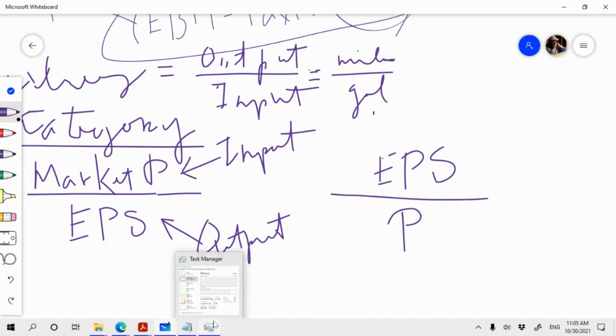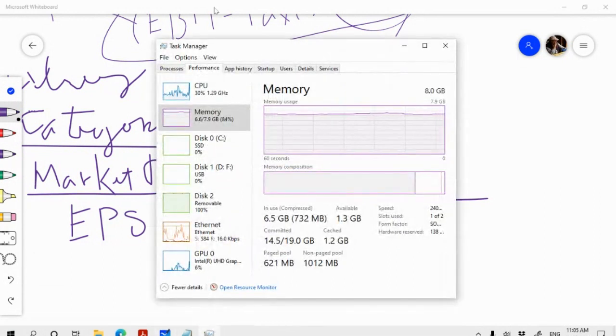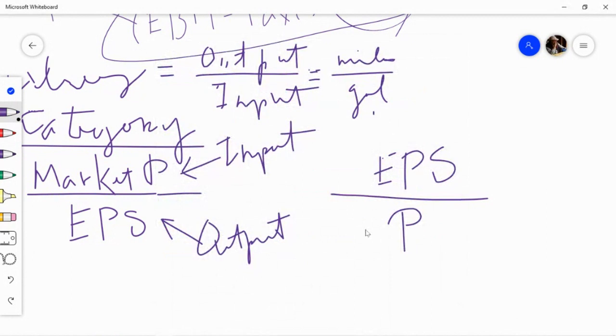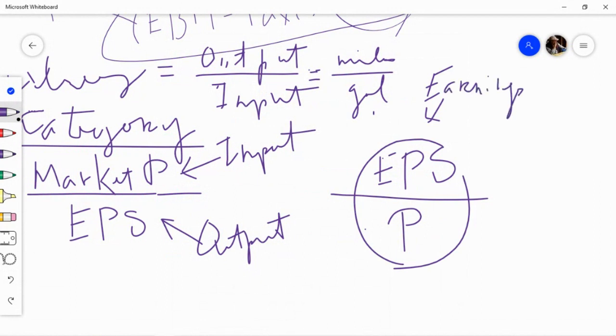And then earnings per share over price, actually, there's a name for that. This is called earnings yield.